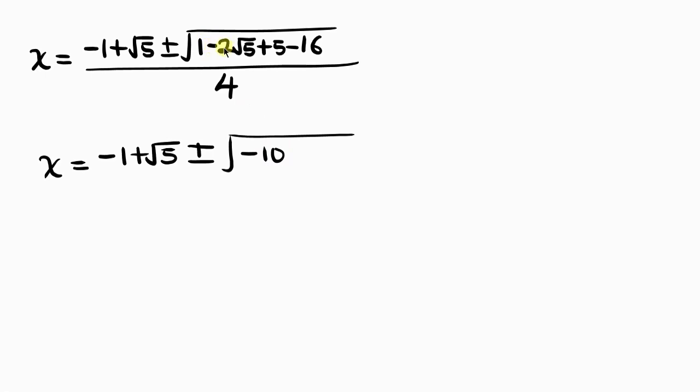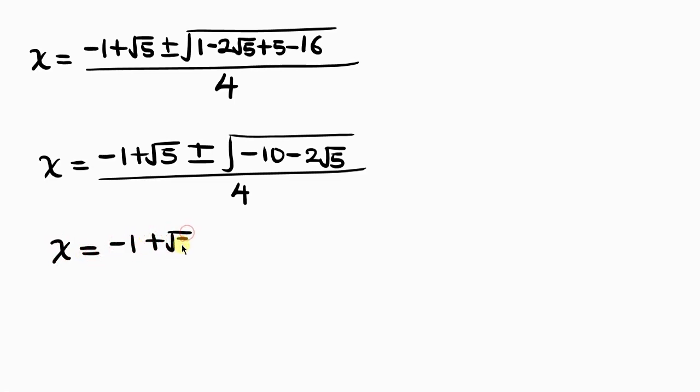Then minus 2 root 5, so minus 2 root 5, all over 4. Now notice that negative 2 is actually common. So let's factor out negative 2 from here. So we have x equal to negative 1 plus the square root of 5 plus or minus the square root of negative 2 out.